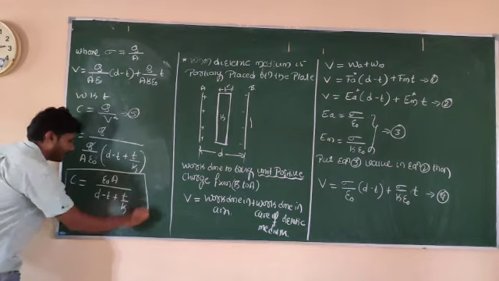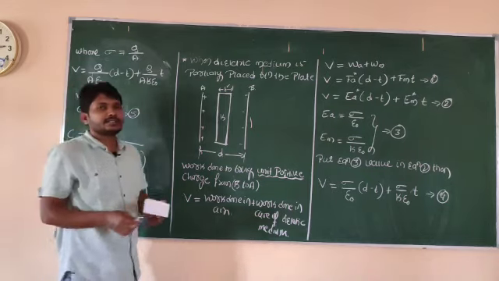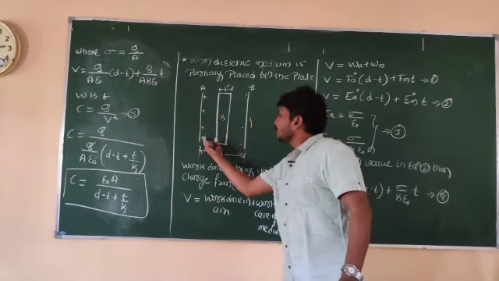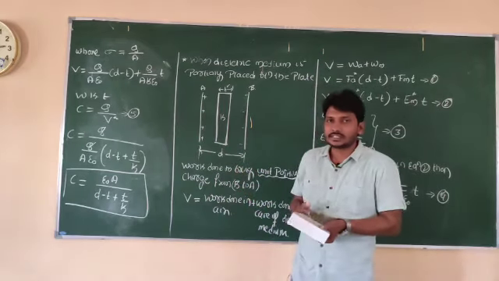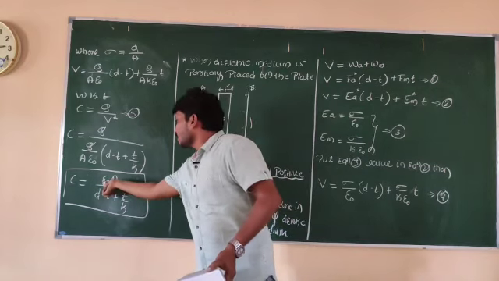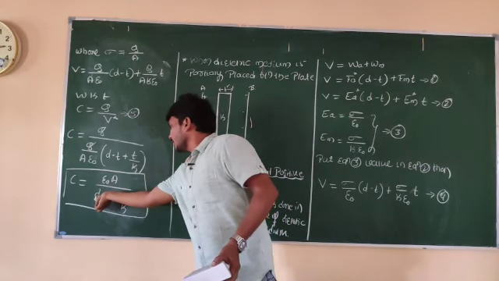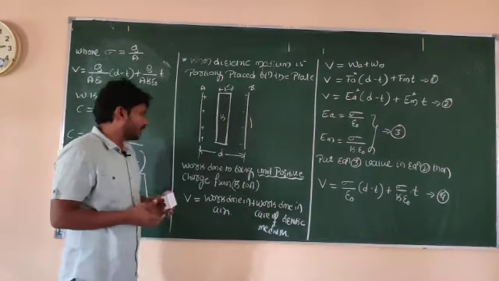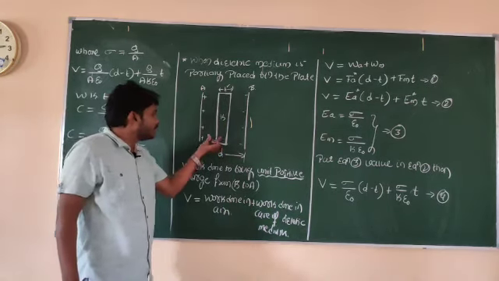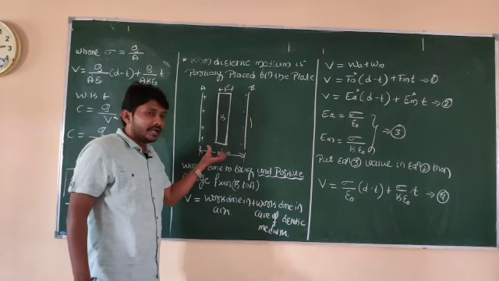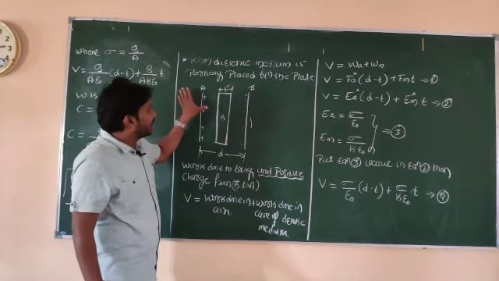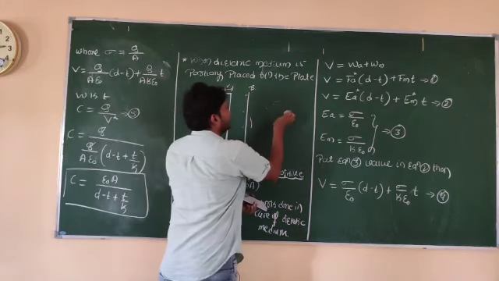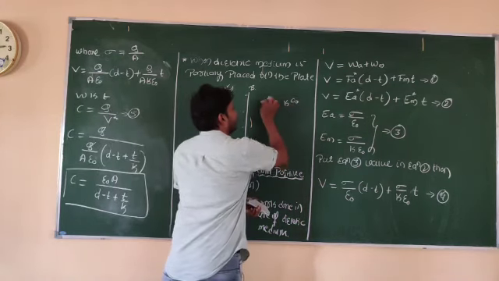So this is the required equation for capacitance of a parallel plate capacitor when dielectric medium is partially placed between the plates here. So I got that equation epsilon naught into A divided by D minus of T plus of T by K here. So look at here, if the dielectric medium is completely filled, generally I will take that equation as C is equal to K into C naught here.